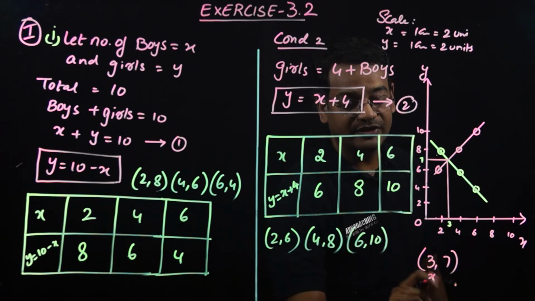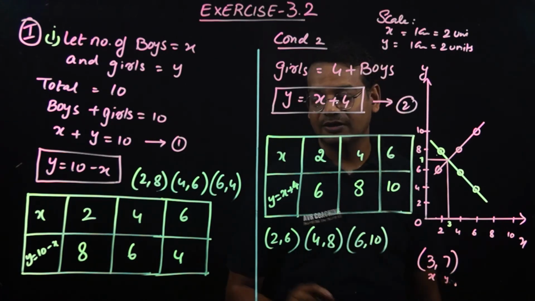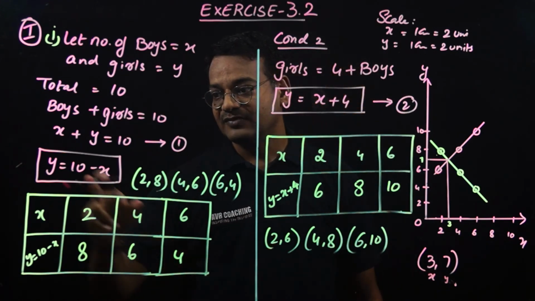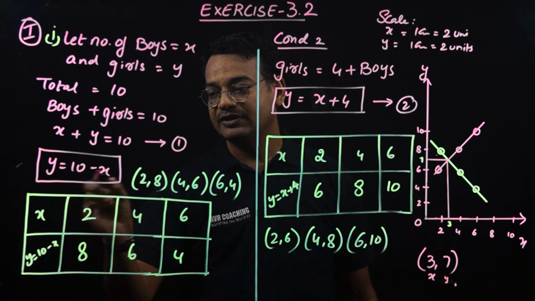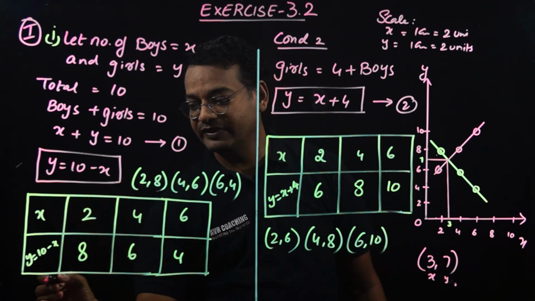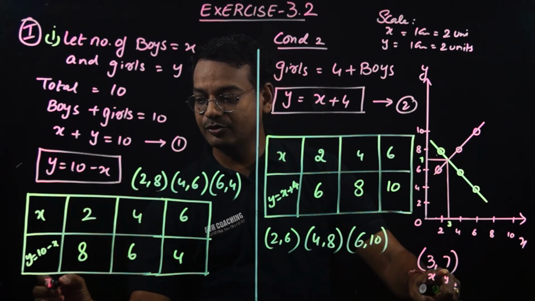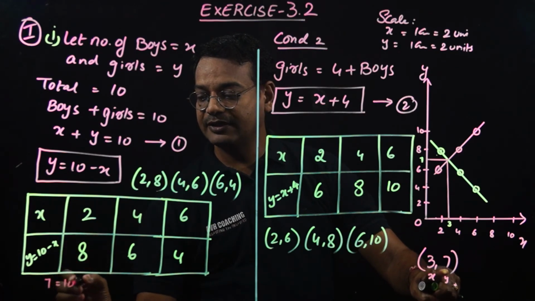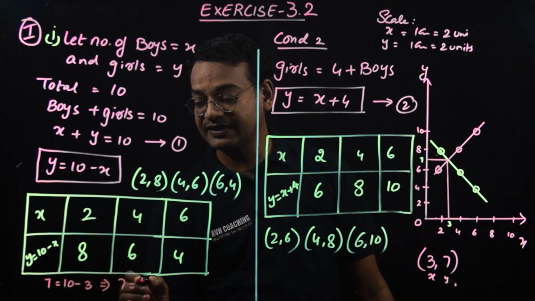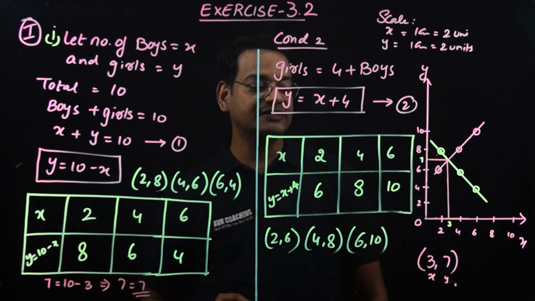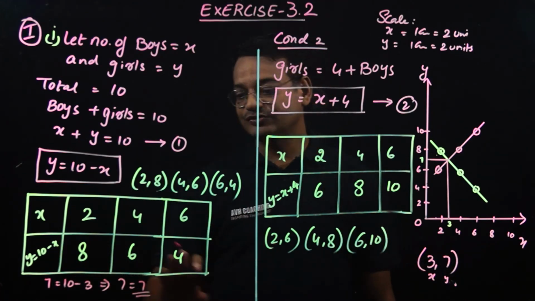So we are going to verify if the values we got are correct or not. For the equation y equal to 10 minus x, the y value is 7, and 10 minus 3 is 7. So LHS is equal to RHS. Therefore x and y are the solutions of the given equation.